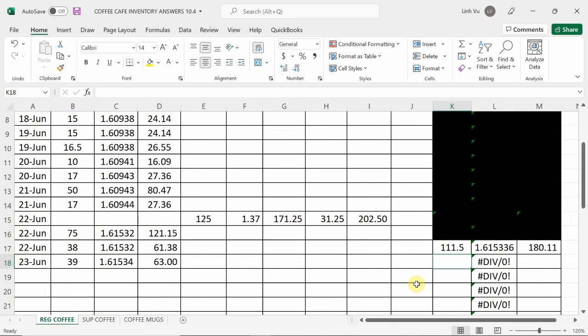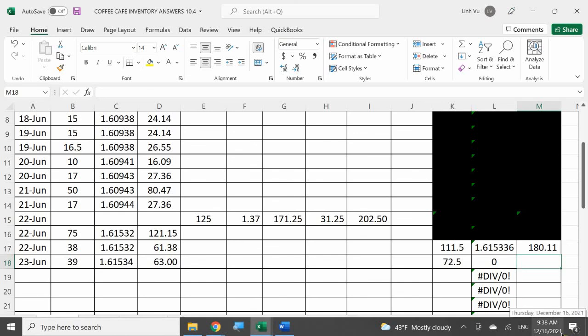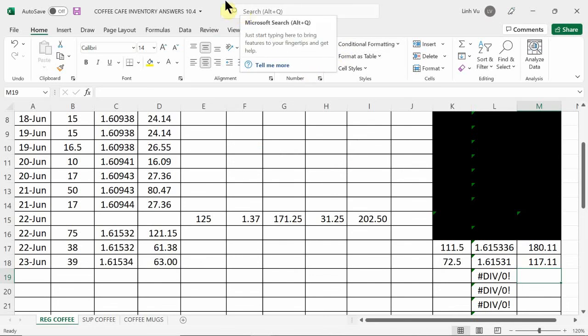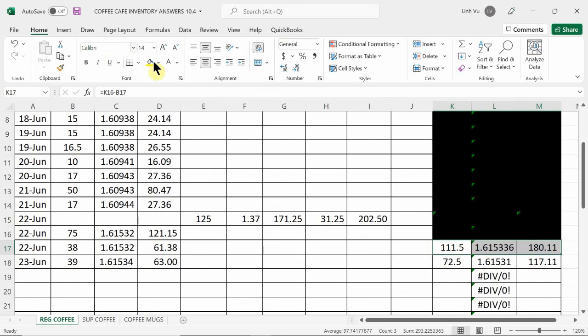Yeah, I got 63. Okay, so then minus 39 from your inventory on hand, you have 72.5 left, minus $63 even, $117.11. Okay, bringing your average has dropped.